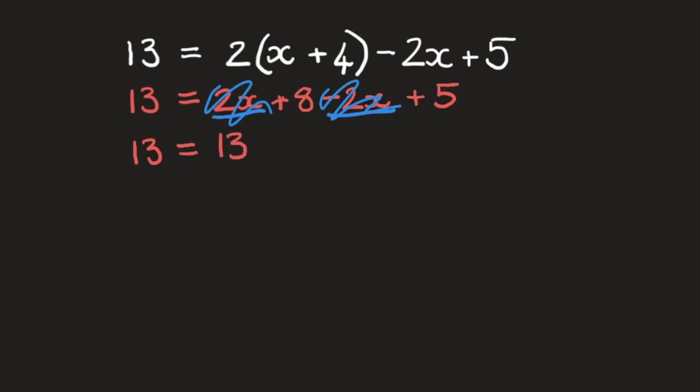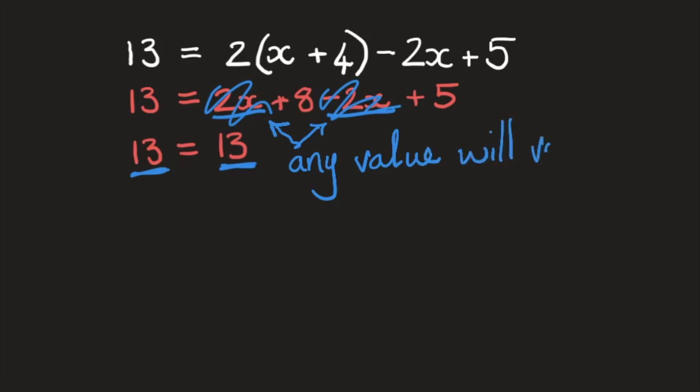Now you'll see over here that 13 is equal to 13. And that means it doesn't actually matter what values we would give to x. Any value will work, as long as the number is real. So this is a very specific way we've got to write it.